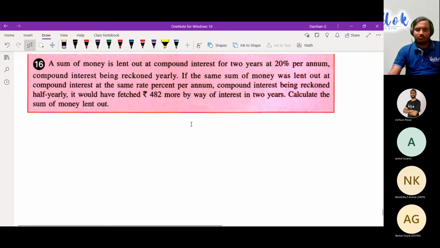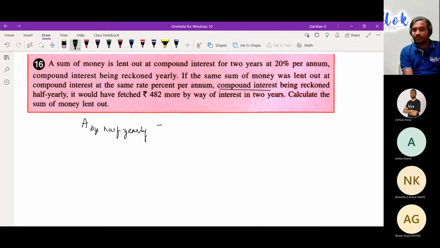Can somebody tell the concept of how to do this? Concept is important for this. After that, you can move ahead. So it's amount by half yearly minus amount by annually.